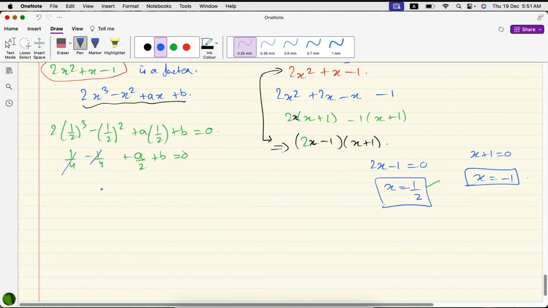So multiplying the equation with 2 is a plus 2b is equals to 0. Equation 1. Then we do the same with x is equals to minus 1.